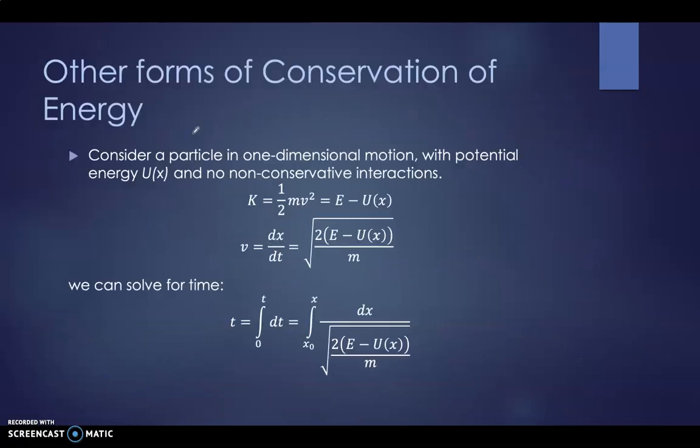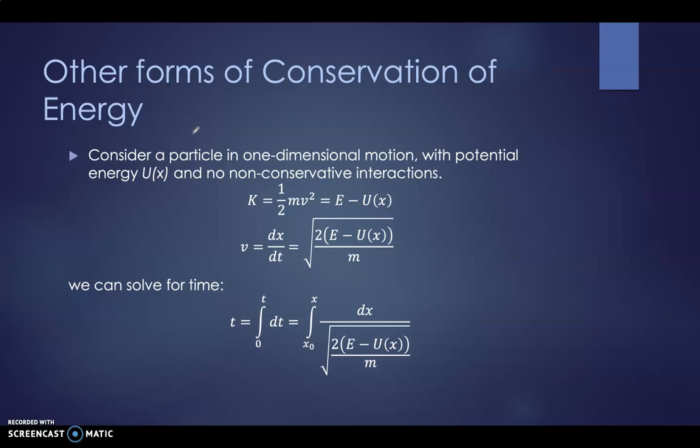Alright, so let's move on to other forms of conservation of energy. So let's consider a particle in one-dimensional motion with some potential energy, U of x, and no non-conservative force, conservative interactions.